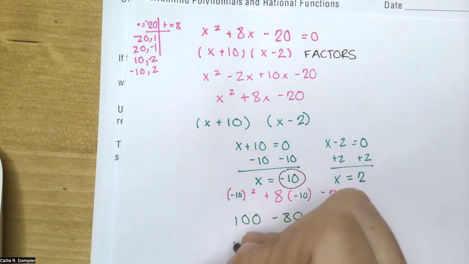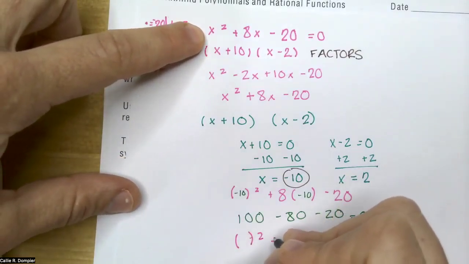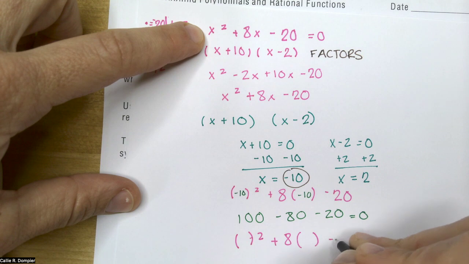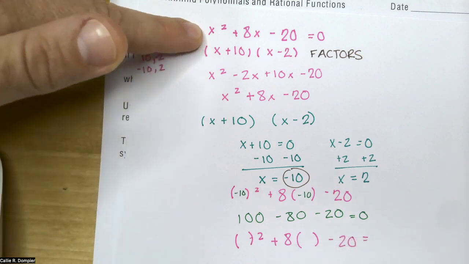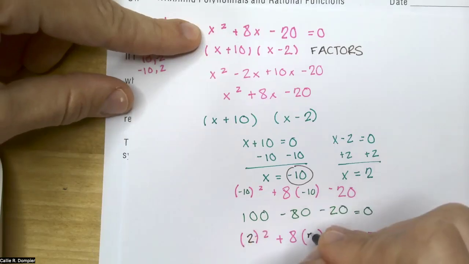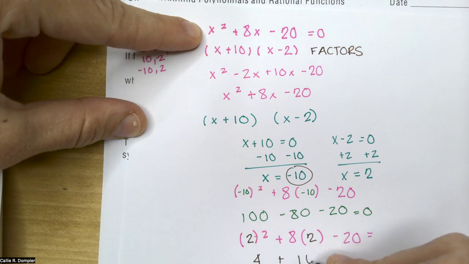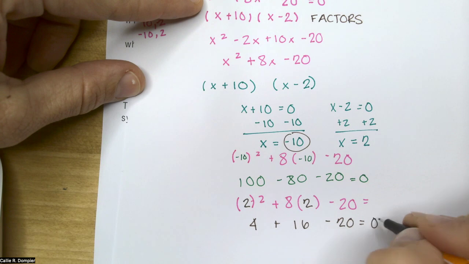Again, we can test it with the 2. We have x squared plus 8 times x minus 20. And that was a positive 2. 2 squared is 4. 8 times 2 is 16. 4 plus 16 minus 20 is also 0.